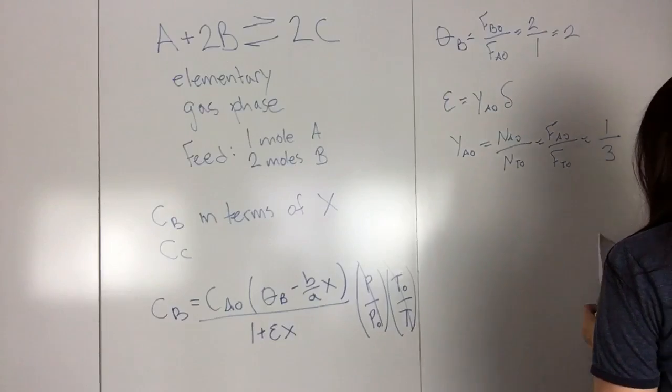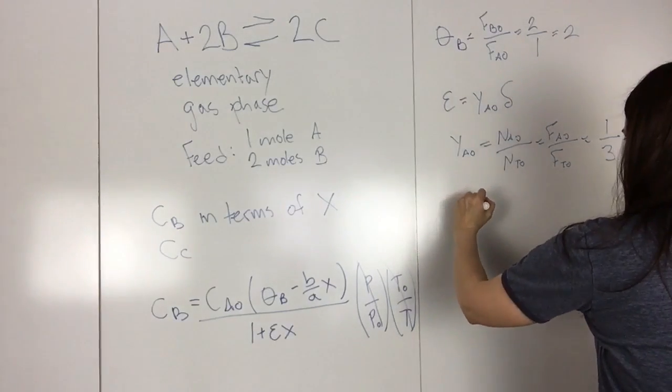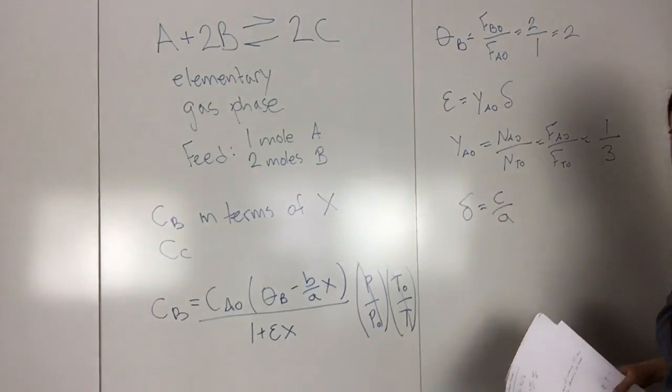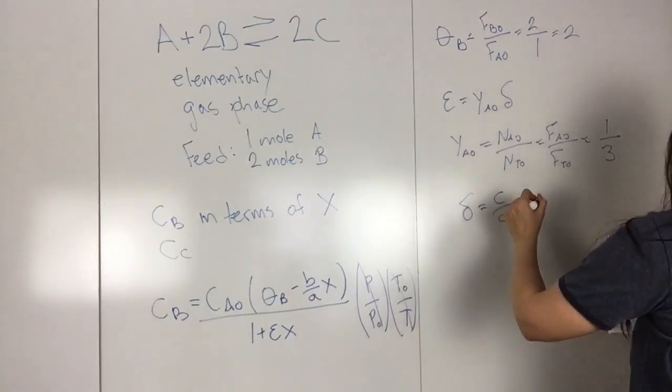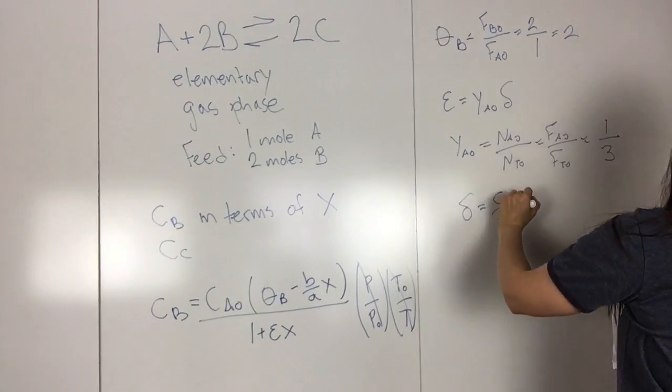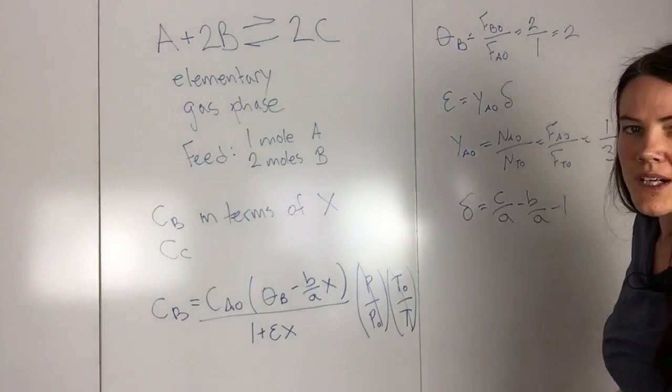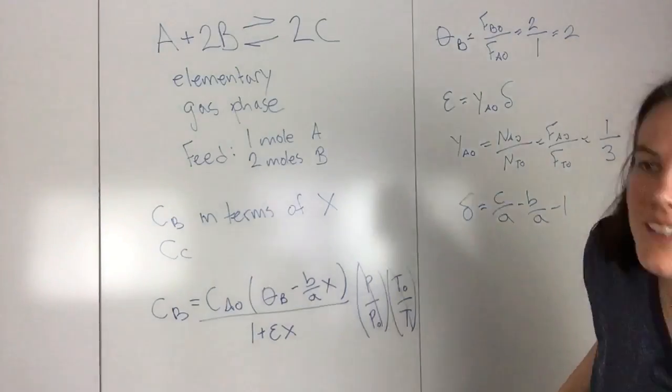And then we know that delta, in this case, is C over A minus B over A minus 1. Yeah, you can still see that.